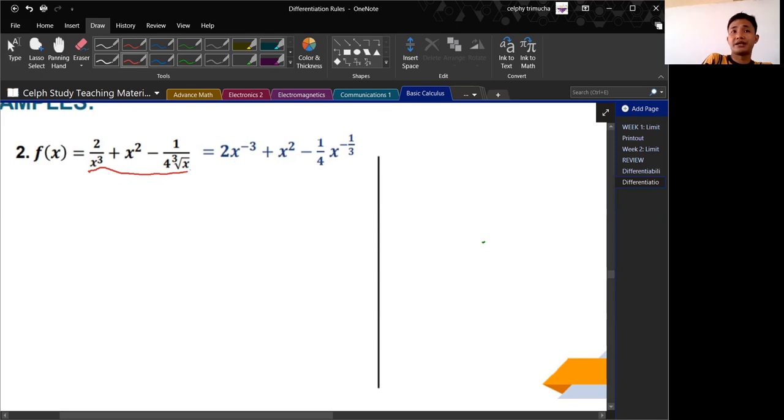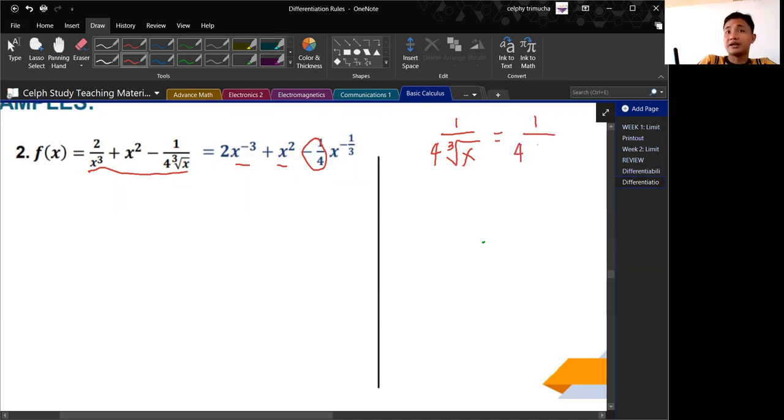Same also with the radicals: we change them into fractional exponents. If it is in the denominator, we bring it up with a negative exponent. So x cubed in the denominator, we bring up as exponent negative 3. The x squared stays. Then we isolate the negative 1/4, so we have negative 1/4 here, then x. Originally, the form is 1 all over 4 cube root of x. So this will be equal to 1 all over 4.